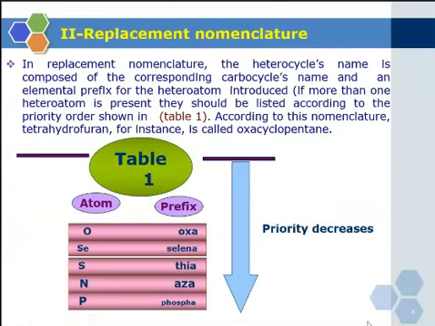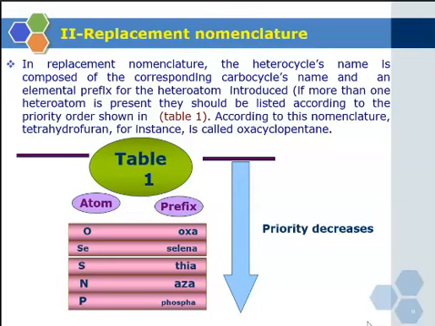The second method is the replacement method of nomenclature. Till now, we saw the trivial nomenclature. Next, we will see the replacement nomenclature. And in the final place, we will see the IUPAC nomenclature. So in replacement nomenclature, what happens?